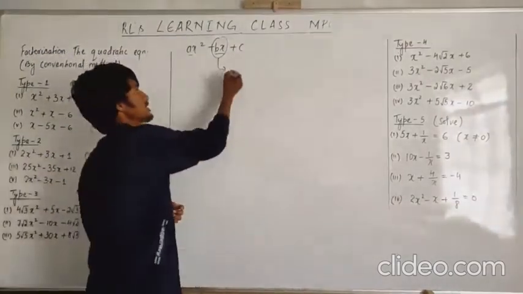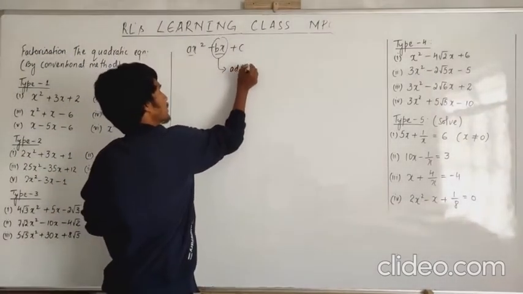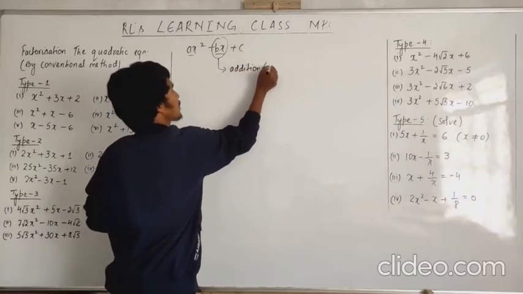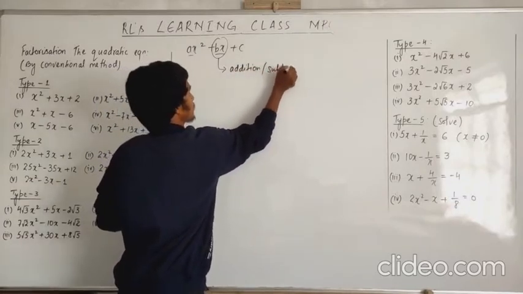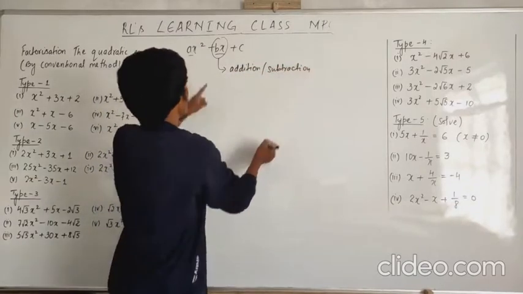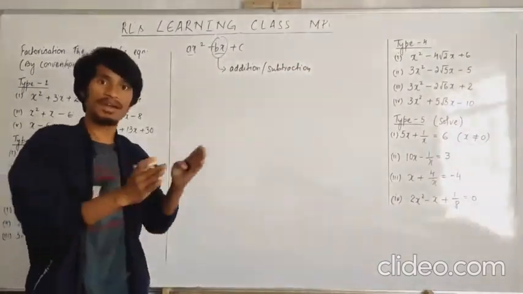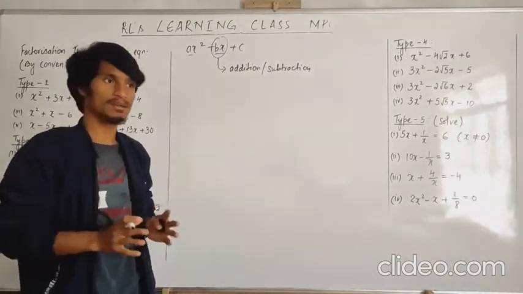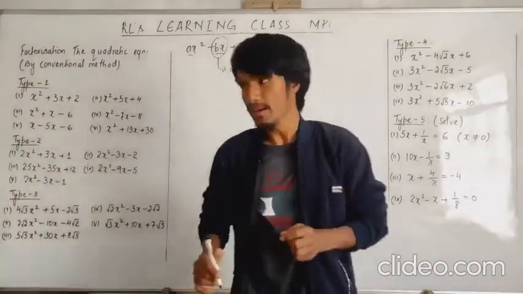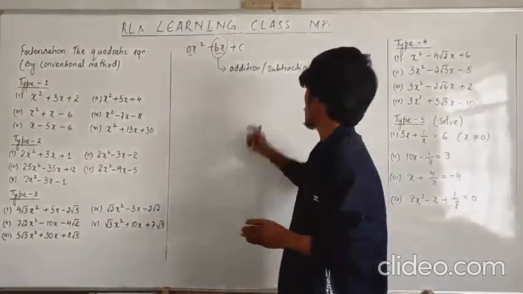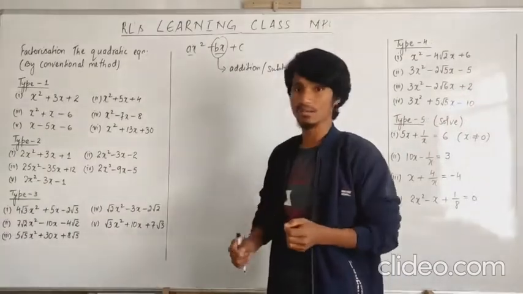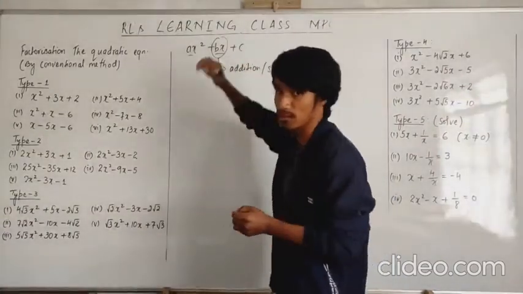Sometimes we call the middle term the addition term or subtraction term, because sometimes we have to add this middle term and sometimes we have to subtract, depending on the question. I'll show you where we have to use subtraction and where we have to use addition when we split this middle term.